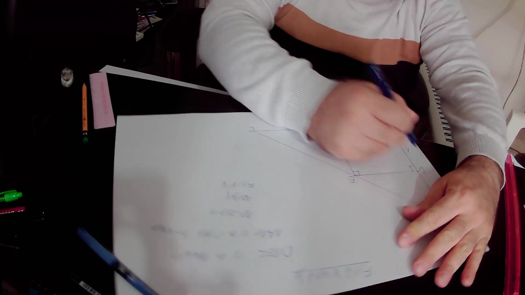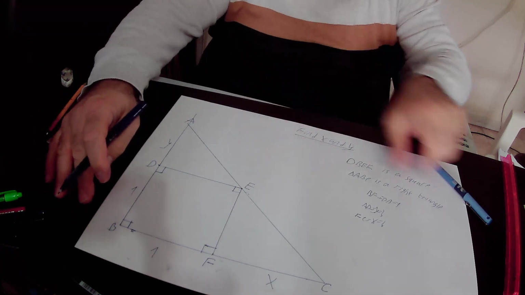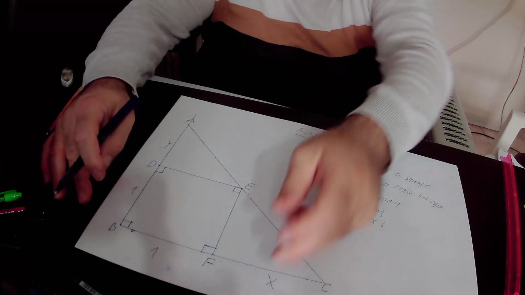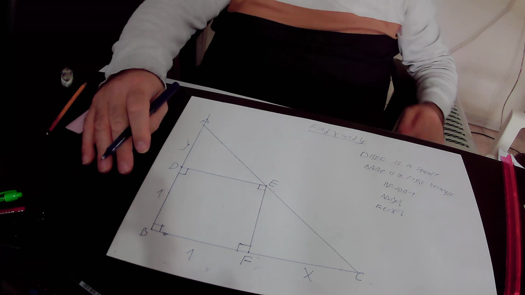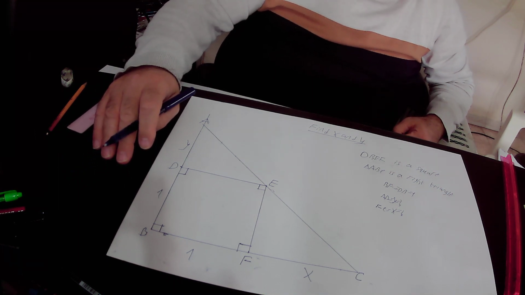In the drawing we have square DEBF, and one side of the square equals 1 unit.